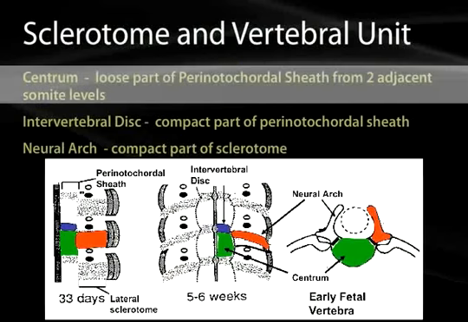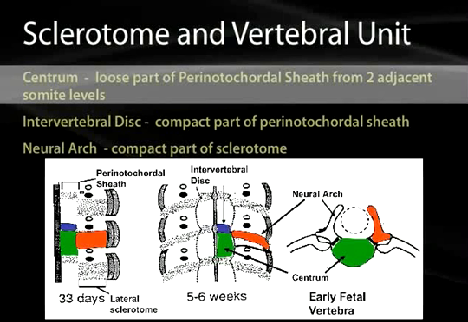When we move to the next level, you can see that the sclerotome and the vertebral units will come from these various different components of the vertebral forming scleromyotome. First off is the centrum, which is the body of the vertebral body.